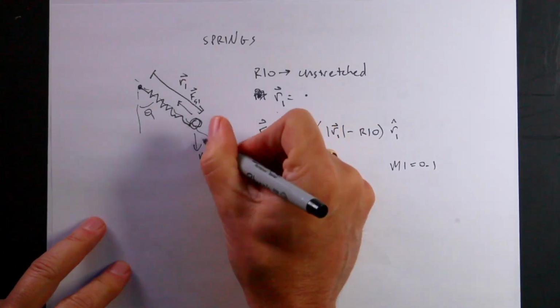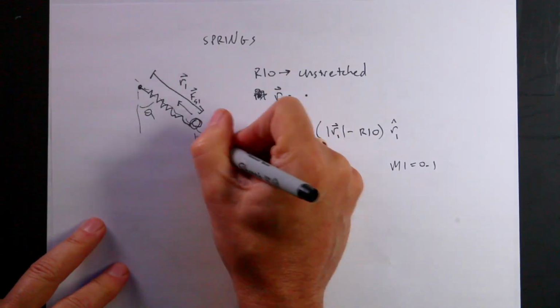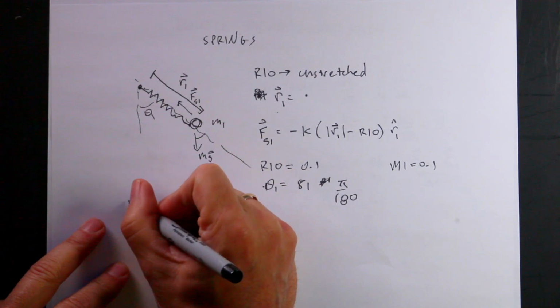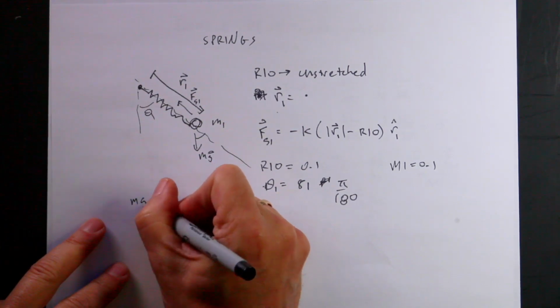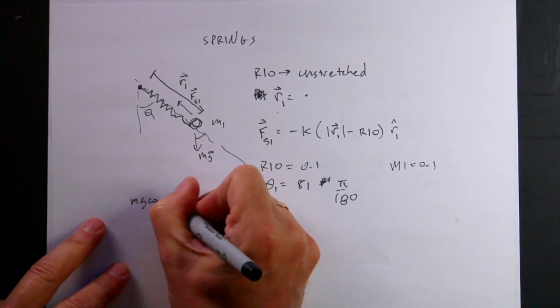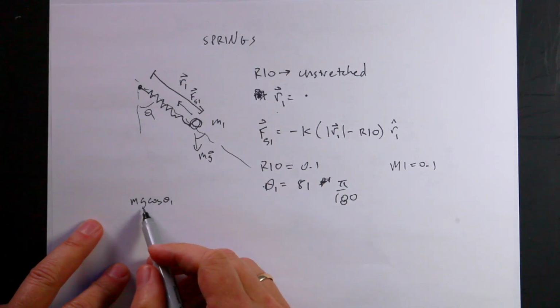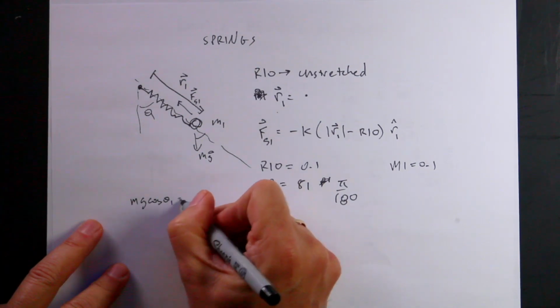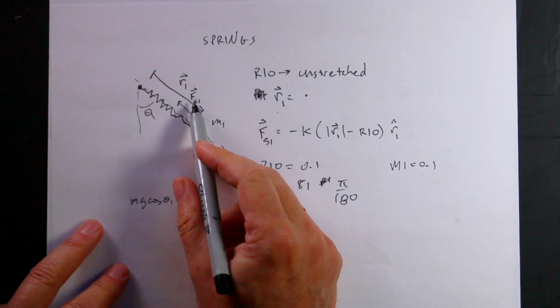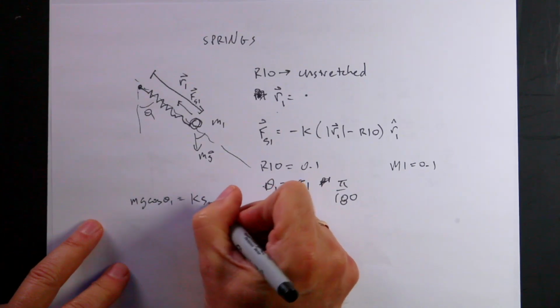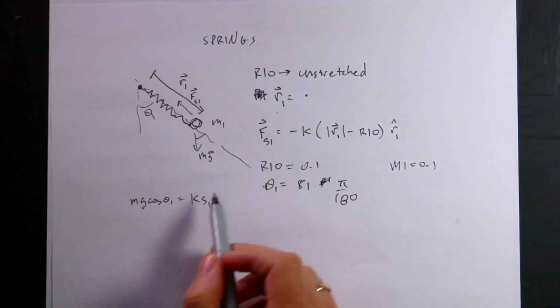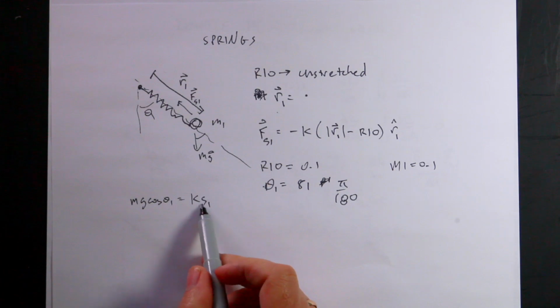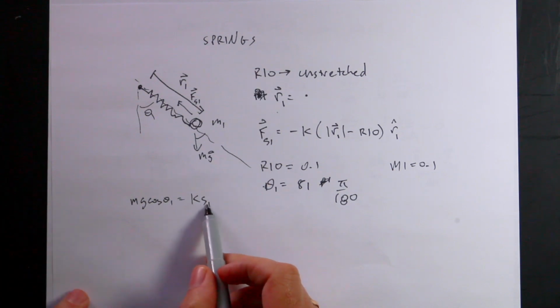So if that's the case, I can say, what are these forces? Well, I have a part of the gravitational force. I have mg cosine theta 1, and that's the scalar value of g, should be equal to k times S1, where S1 is the stretch, right? I can write the spring force as k times the stretch.